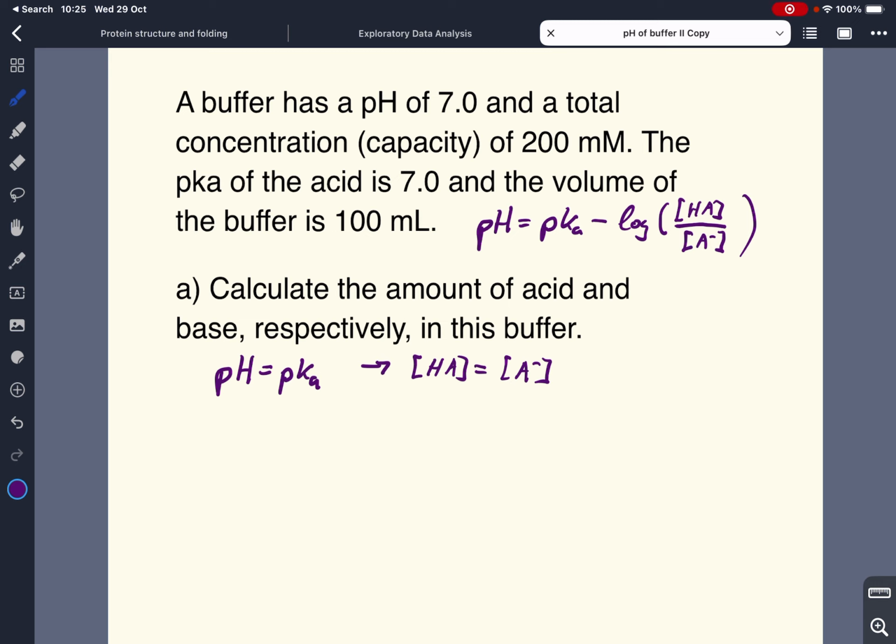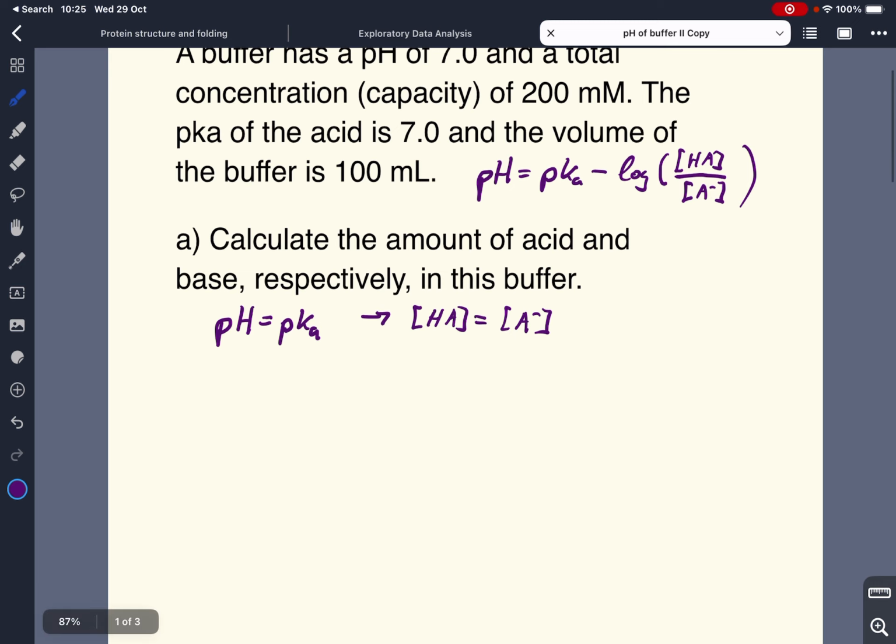So obviously we now can use this Henderson-Hasselbalch equation and basically formalize our mathematical thinking here. And I write it down again. pH equals pKa minus the log of the acid over the base concentration.